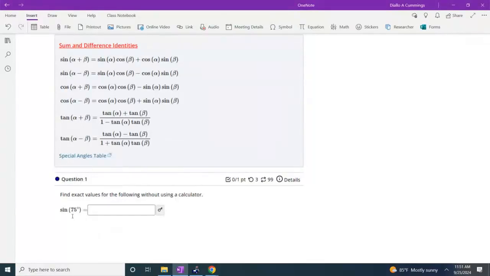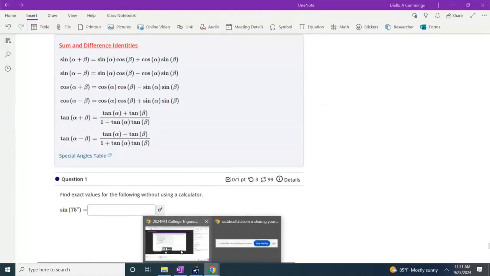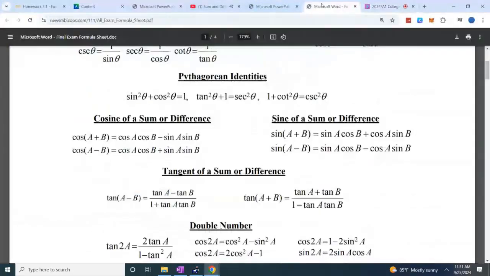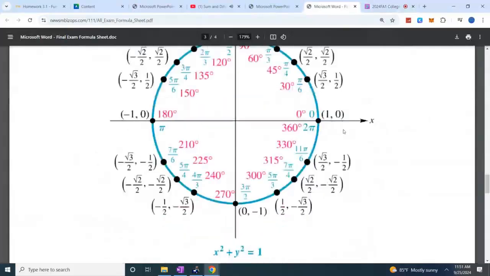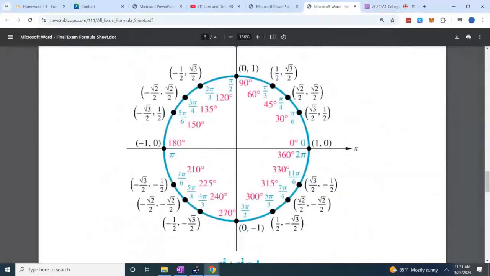So if you look at this problem, now this should be similar to your problem number one. It says find exact values for the following without using a calculator. The sine of 75. So if I look at my unit circle, I'm not going to find a 75-degree angle, right?